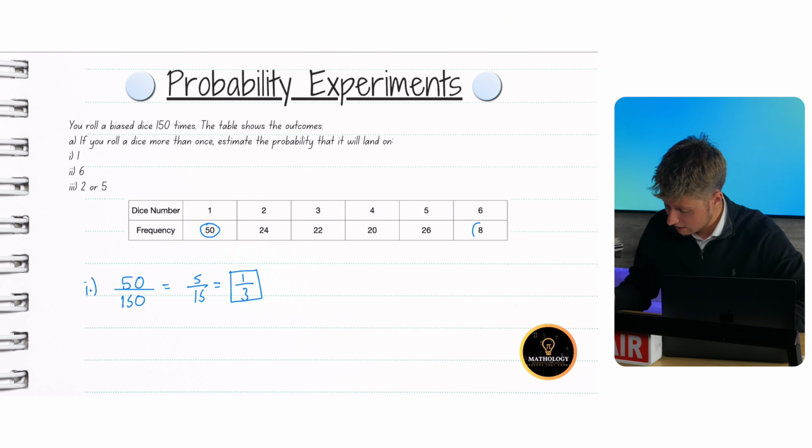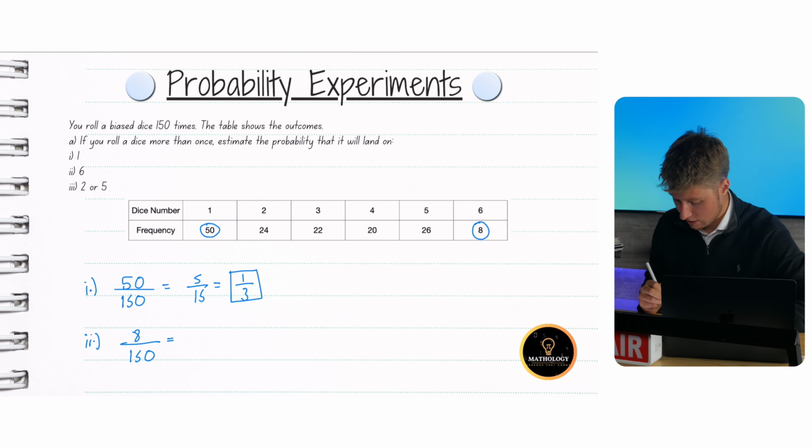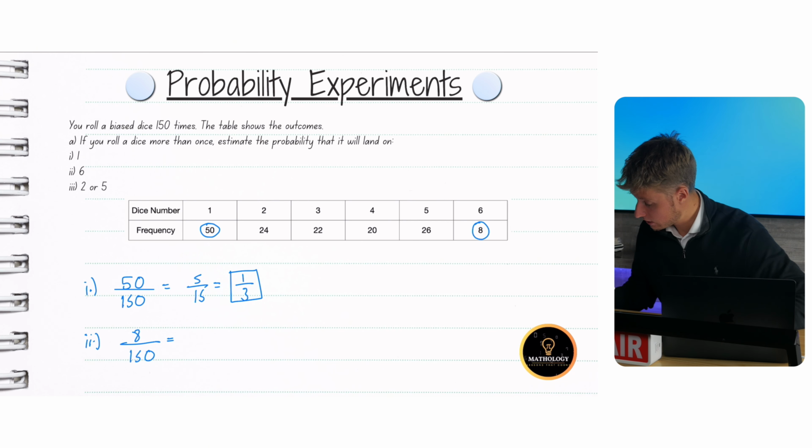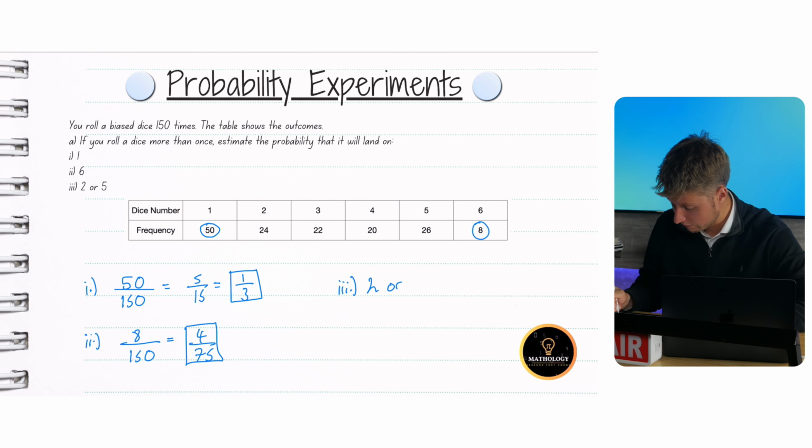Rolling a 6 is 8, so we've got 8 out of the total sample size of 150. If we do 8 divided by 150, the simplified fraction is 4 over 75, dividing top and bottom by 2. So that would be the probability of rolling a 6, and then finally we've got a 2 or a 5. So when we've got two numbers, either a probability for one or the probability of another, we need to add the two probabilities together.